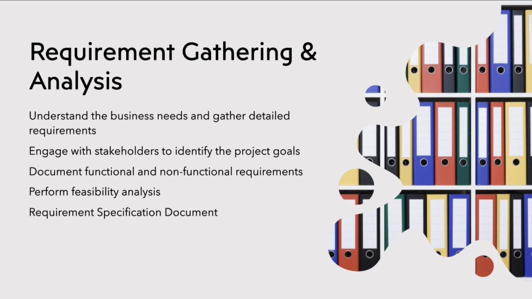Once it is done, we have created the requirement specification document, also called the CRS, customer requirement specification. This requirement gathering and analysis is done by the BA team, the business analyst team. They analyze the business and create these kinds of business requirements.